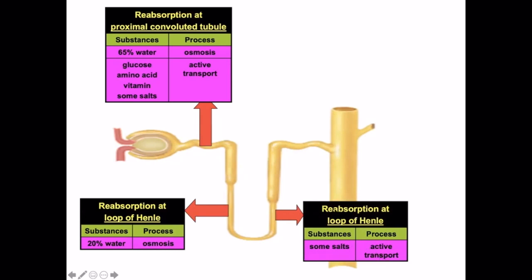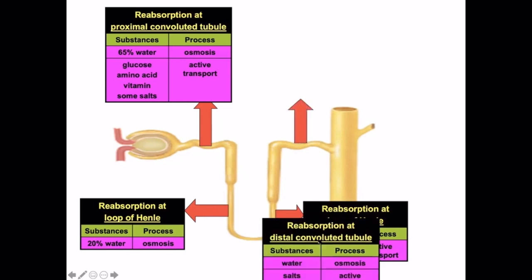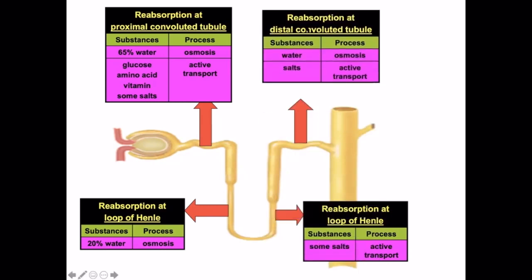So it's the same process but different substances will be reabsorbed. And then the next one is reabsorption at the distal convoluted tubule. Here the same things will be absorbed, which are water by osmosis and salt by active transport.